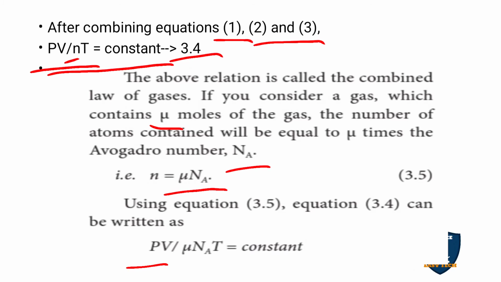Instead of writing N in PV by NT, you can write PV by mu N_A T is equal to constant.